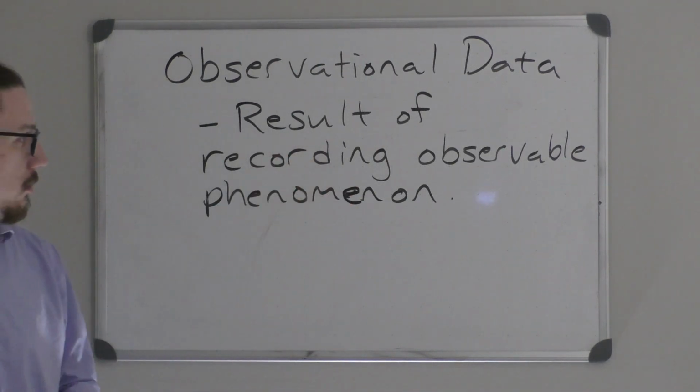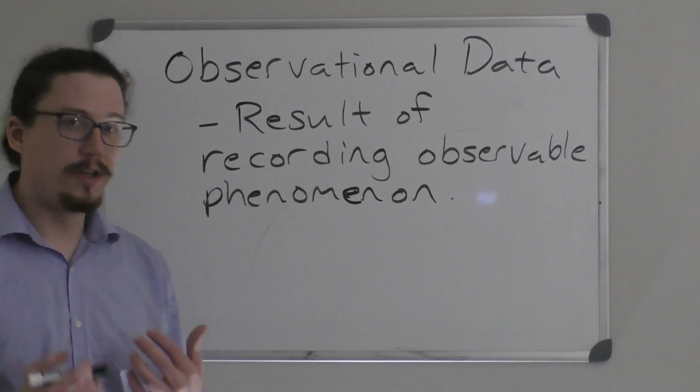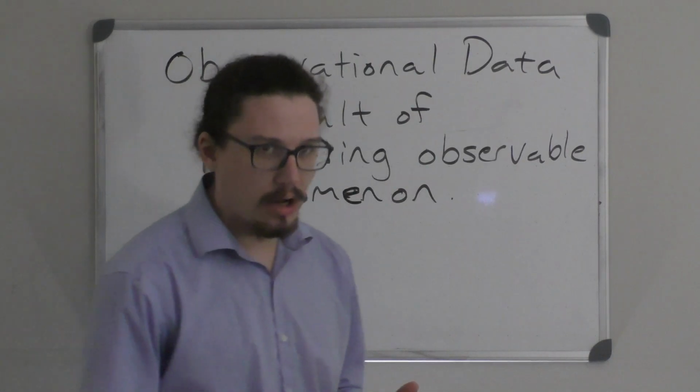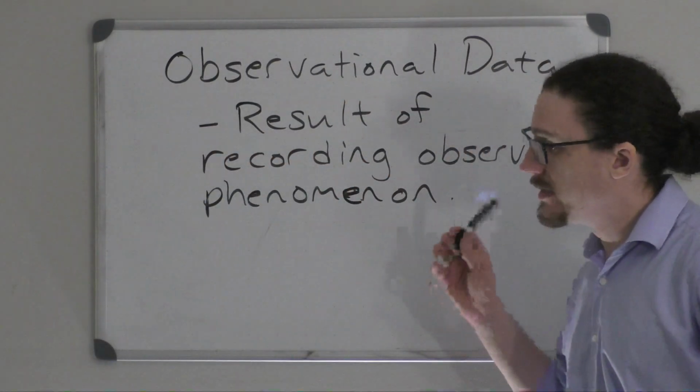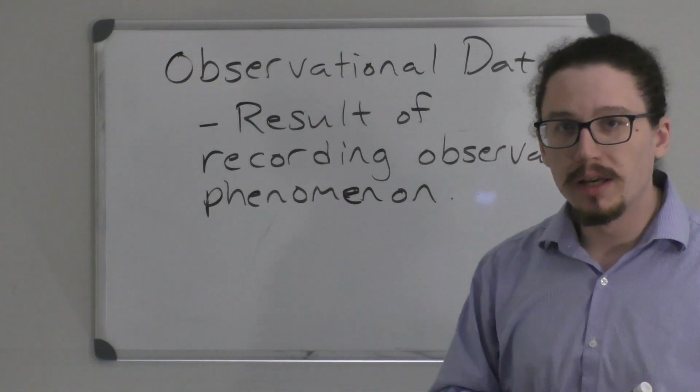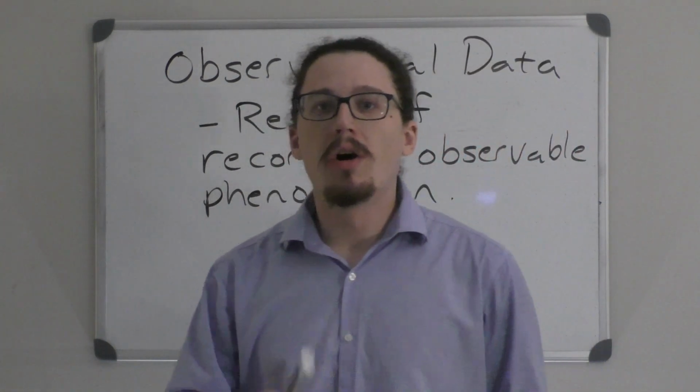I'll be honest, I don't love this definition of observational data either, but it's the result of recording observable phenomena. And I want to explain a little bit about this.